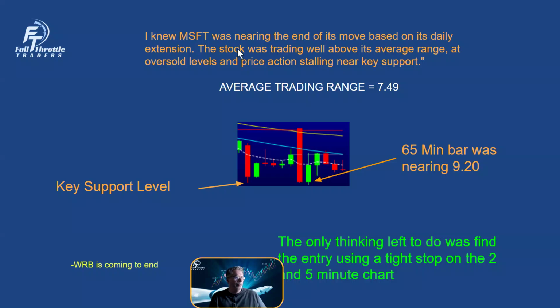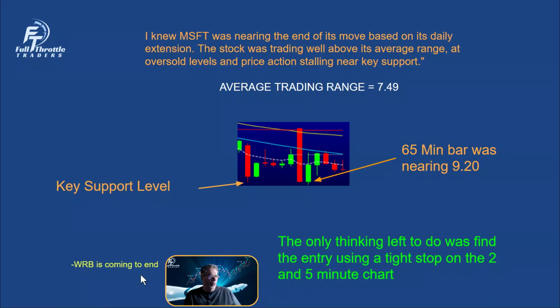At that point, we had moved $9.20, still approaching the demand area from the previous weeks. So we just basically fished down in here. We took an entry. I'll show the entry on a 5-minute chart, and I'll show you a couple of tricks in there as well. We knew the wide range bar was coming to an area. We knew we were at key support levels. We knew the average trading range was exceeded by about 20, 25%. I start licking my chops.